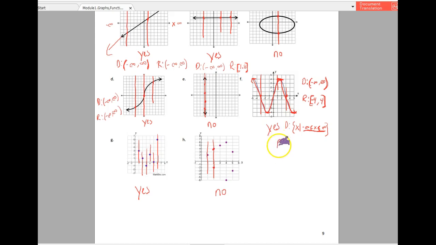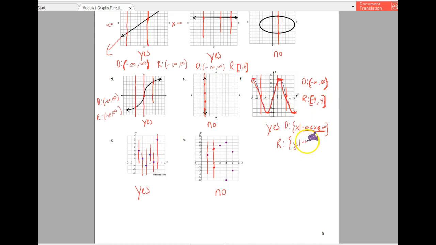Now the range, if you were to type that in on your homework, is the set of y values. So be careful that you're making sure to use the right letters. X is the input, y is the output. So the y value is such that, now we're between -4 and 4.